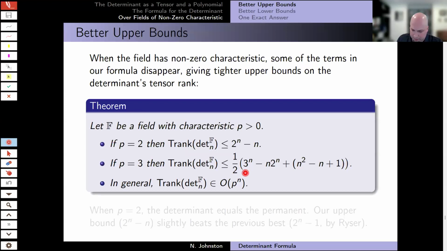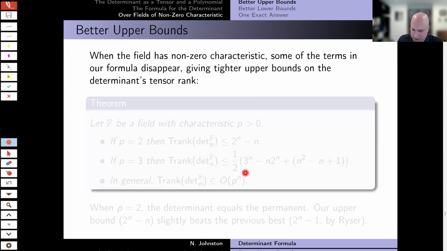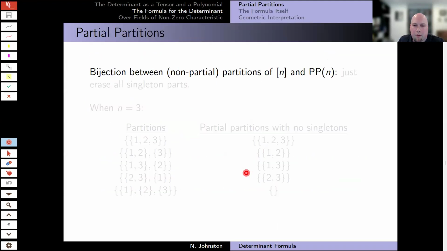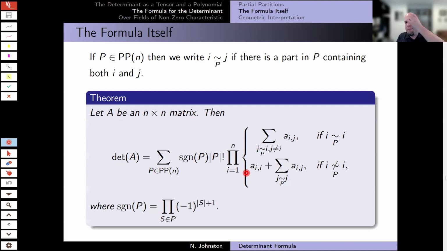And where this comes from is just, whoops, sorry. There we go. If we just go back to our formula here, let's see, how's this work? I forget where this comes from.